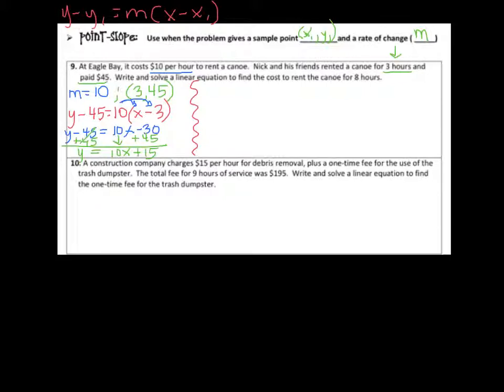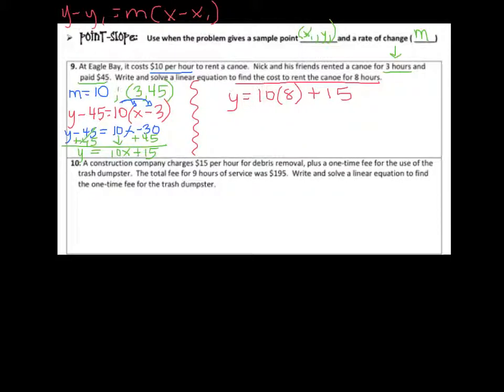Okay, but now I need to answer the question. So the actual question that was asked was to find the cost to rent the canoe for 8 hours. So I know that y represents my total cost. I have $10 for every hour that I rent the canoe, so there's my 10 times 8, plus I have a $15 rental fee or some kind of fee up front.